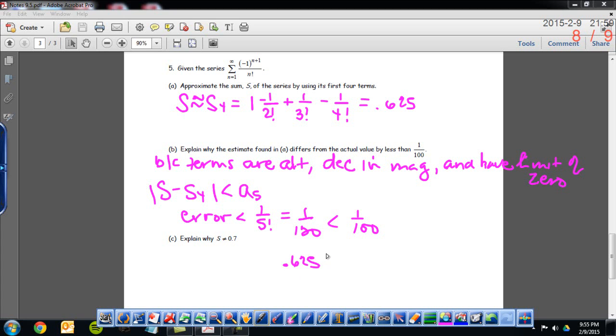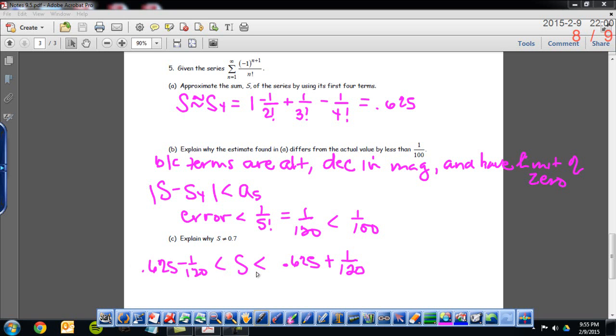If our error is less than 1/120th, then that means that if I take my approximation and add 1/120th, or if I take my approximation and subtract 1/120th, the actual sum of that series is going to fall between those two numbers.